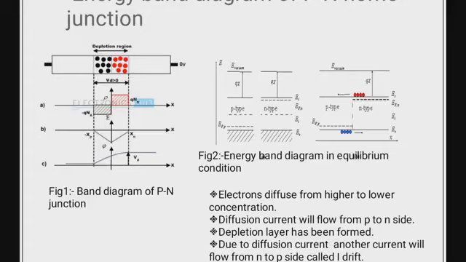Charge carrier density basically depends upon the electric field, the rate of change of electric field with respect to distance, and this is denoted by del E del x, which is equal to rho of x by epsilon, which is the permittivity of the medium.